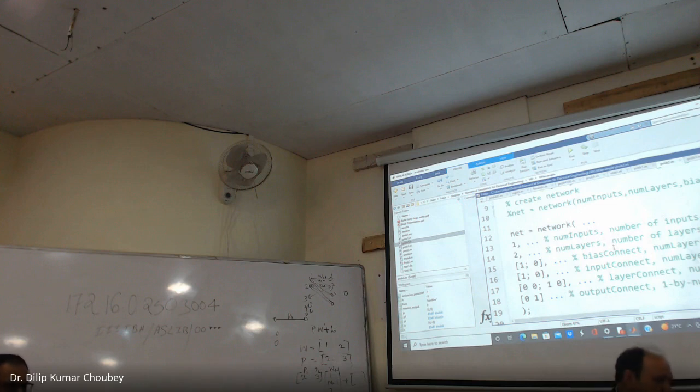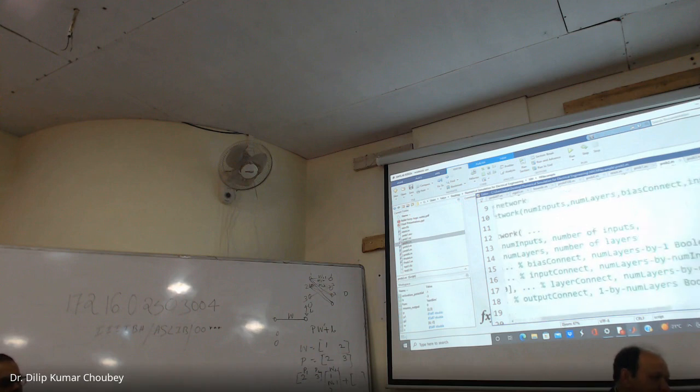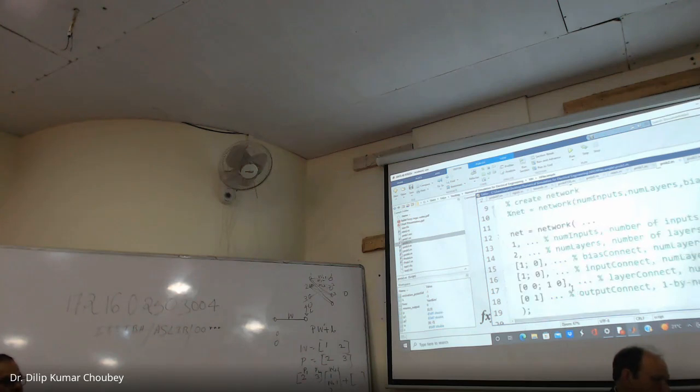So this is the bias connected, number of layers, as Boolean vectors. Similarly, we consider the input, the number of layers, and the last one is the output connected. By default you can choose this, otherwise you can put your own: how many inputs, how many outputs, how many layers you want.